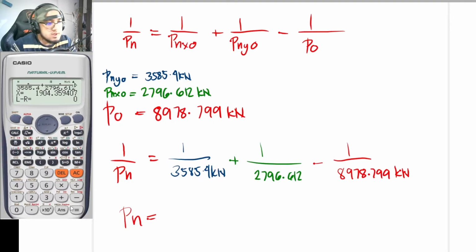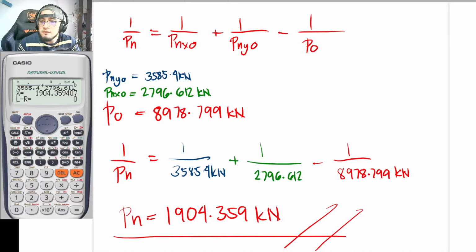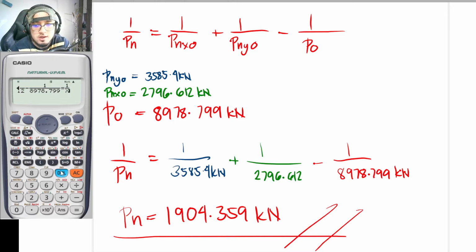So our answer here is to be 1904.359 kilonewtons. So this is now to be our final answer. Okay, so i-confirm ko lang, instead of us using shift solve, kunin ko yung answer neto, then I would just be inversing it. So yan, pares lang. So 1904.359 kilonewtons. So this is to be via reciprocal method. So what about for the other one?